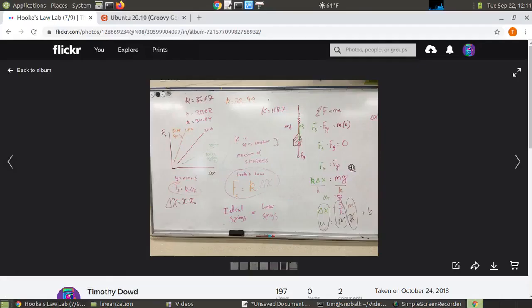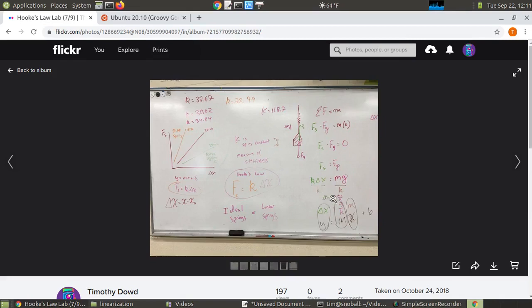So here's another linearization, which I think you probably saw in a previous class. Here we're starting with Newton's second law, sigma f equals ma, and our free body diagram, and we get down to this equation here. K delta x is mg. And we could treat mass as an independent variable and delta x, how much it stretches, as a dependent variable.